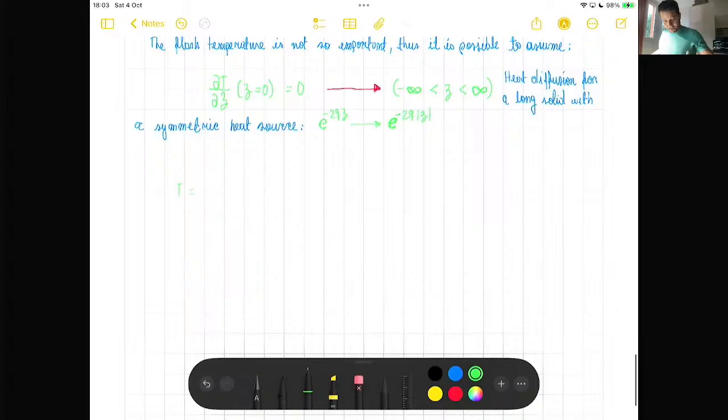T equals T0 plus Q0 times H0 squared times the imaginary contribution of the elastic modulus over ρ divided by the volumetric specific heat.